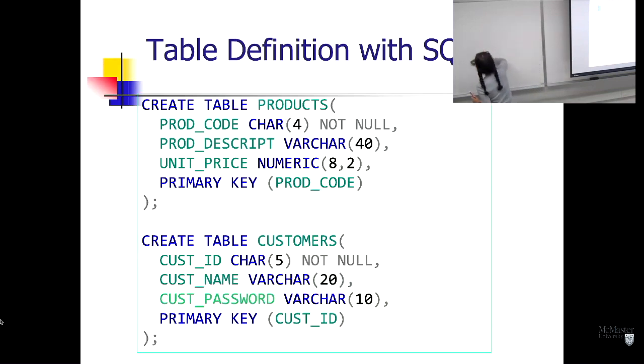It's very easy. When you want to create a table, this part is always fixed. So create table, then the table name. Let's say, for example, product.